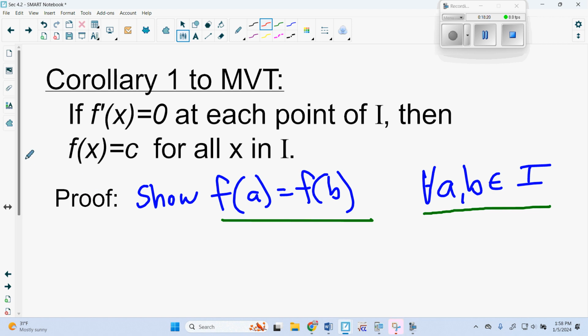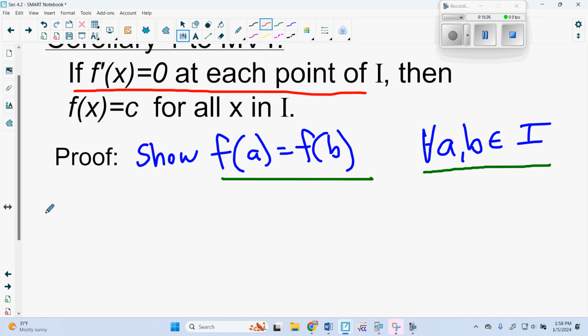Okay? So what are we given? We are given that the derivative of each point is 0. So we are given that the derivative equals 0 at all the points in the interval.